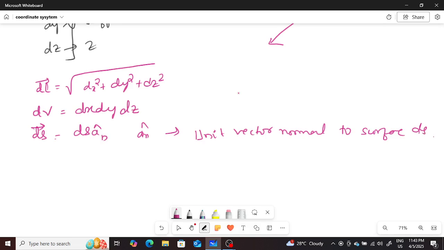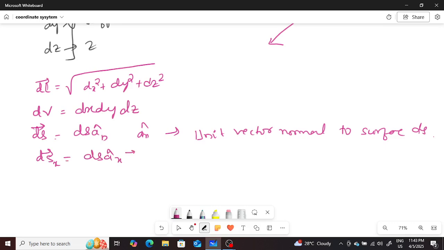So how can you write the differential vector surface area, or the differential surface area, normal to the x direction? You can write it as dS ax.